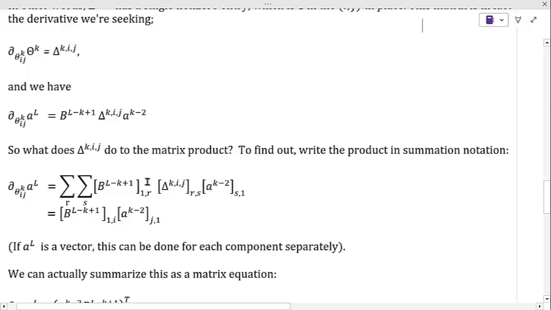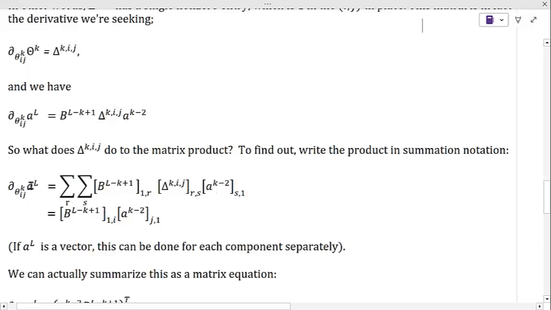Now when I do this sum, since delta Kij is only non-zero when R equals I, I only pick up the term when R equals I. Also, delta Kij is only non-zero when S is equal to J, so the only term I pick up is when S is equal to J. So I can actually just remove this delta from the sum and replace the R with I and the S with J. You can try simple examples to convince yourself that this is true.